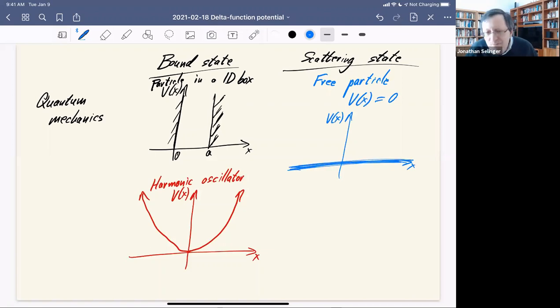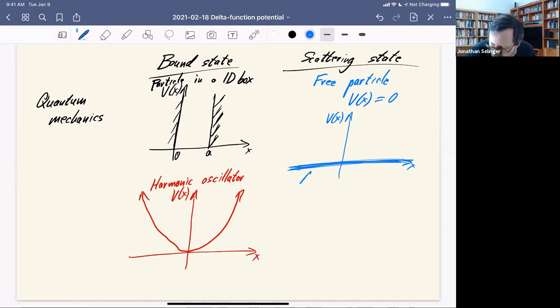It's just 0. So the energy that's needed to escape to infinity is 0. That means that if the particle has any energy, 0 or bigger, then it can escape to infinity. And so this is a case where the particle is never bound.